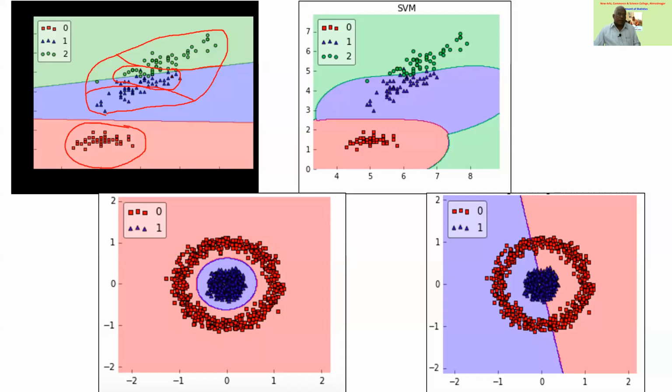Try to understand the level of mixture also, because the level of mixture also matters a lot. If there is a very heavy mixture, heavy points are mixed with each other, then there is great difficulty in separating them.